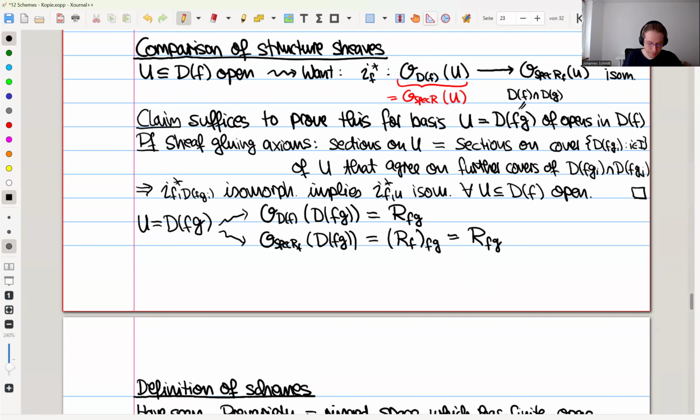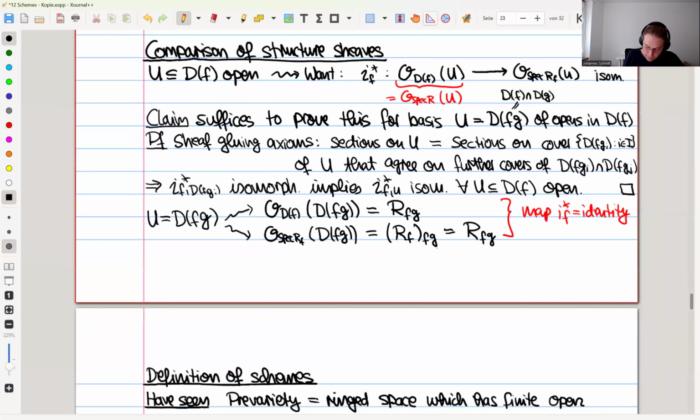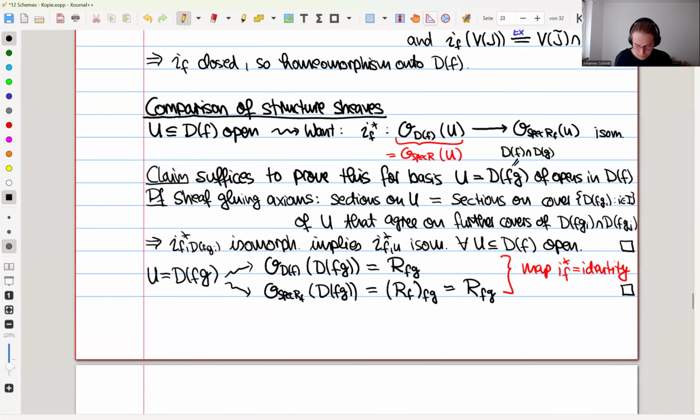So we also get the same. And the map between them, the map i_f^*, is the identity. And so this is indeed an isomorphism, and this completes the proof.